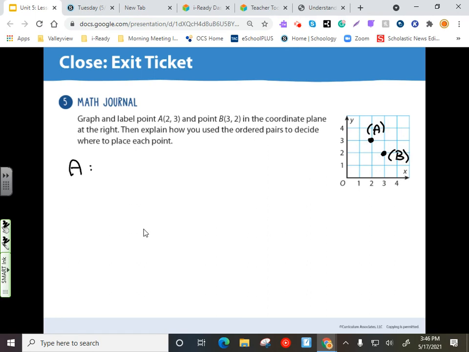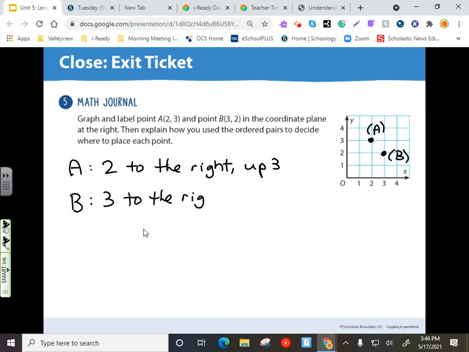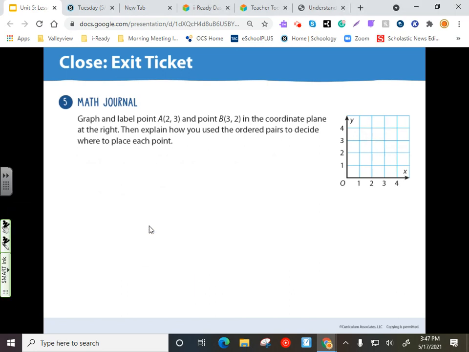A is 2 to the right, and then up 3. Our B is 3 to the right, and up 2. And that just gives us a basic background. And again, just being able to learn how to describe these things with words is important, not just knowing how to do it, because someday you might have to teach someone how to do it.